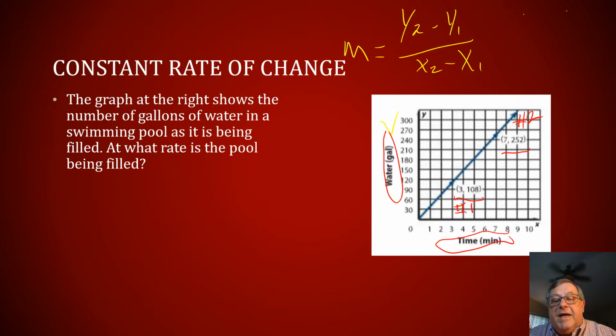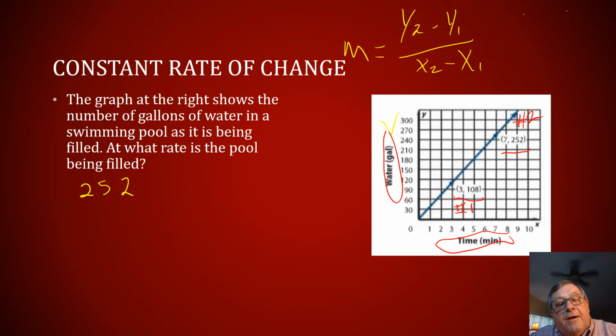So now that I have designated those number 1s and number 2s, I've got an x1 and y1 and an x2 and a y2. Now I'm just going to substitute those numbers into my slope formula. y2 is 252, not 253, 252.